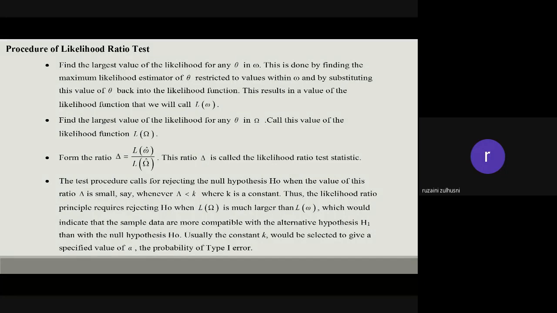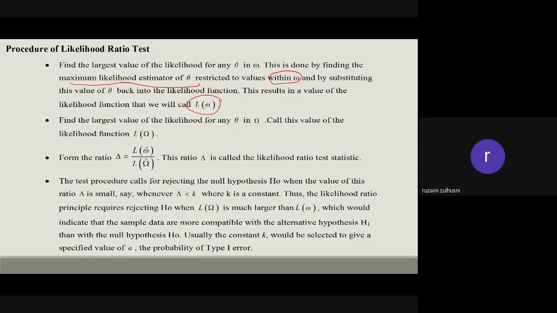This relates back to the concept of MLE from chapter 1, restricted to values within your omega, as stated in the null hypothesis. Then we substitute the value of theta back into the likelihood function, which results in a value of the likelihood function that we call L small omega.